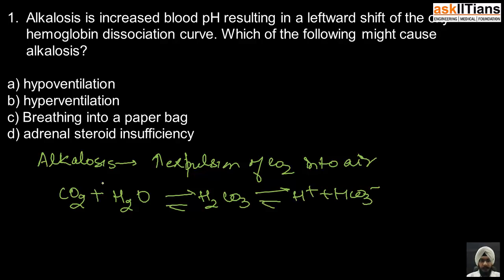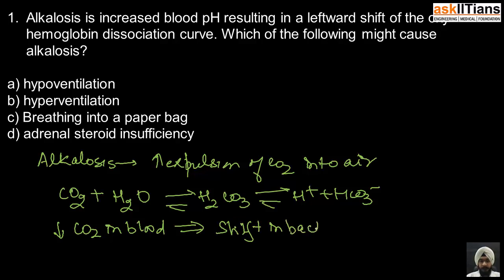Now if there is increased expulsion of carbon dioxide into air, there will be decreased CO2 in blood, which implies there will be a shift in the backward direction of the above reaction, which implies there will be decreased H plus ions.